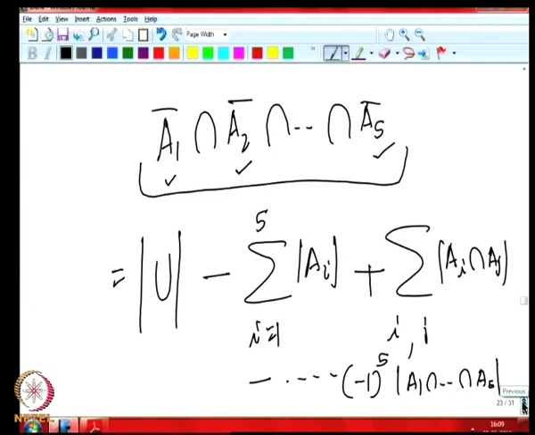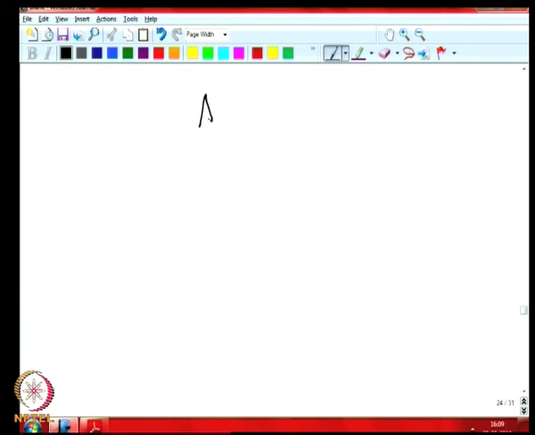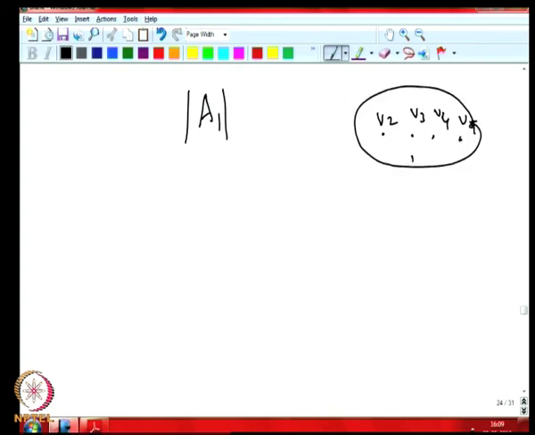Now, how do we find the cardinality of A1? That is easy, because you know that the vertex V1 is isolated. It is as good as asking how many graphs are possible on the vertex set V2, V3, V4 and V5. So, there are only 4 vertices, and we are never going to put an edge incident on V1.